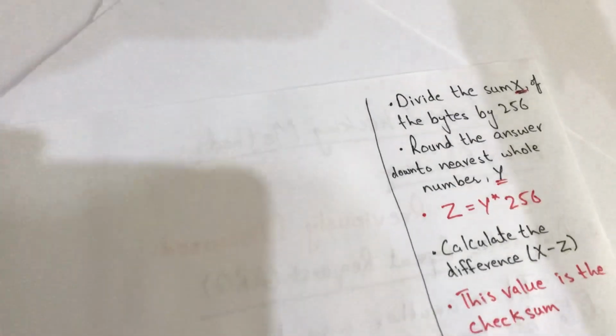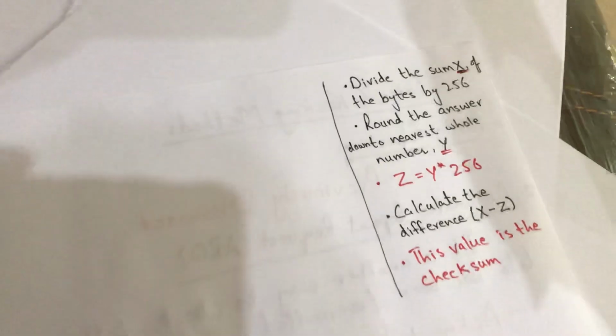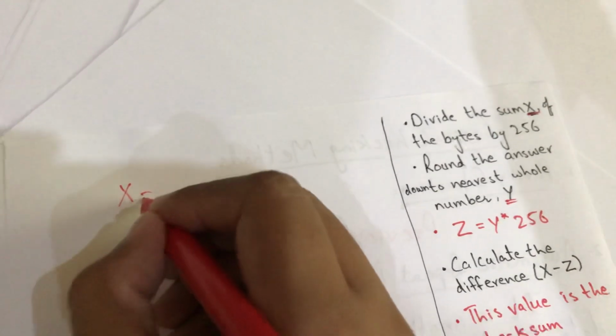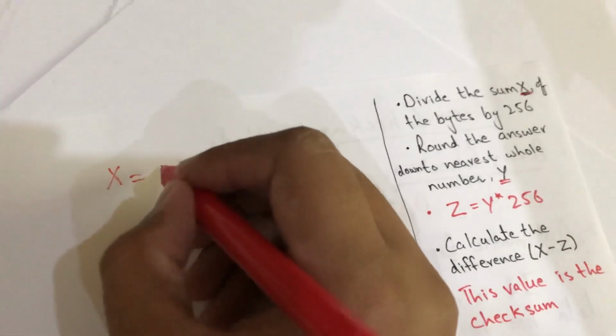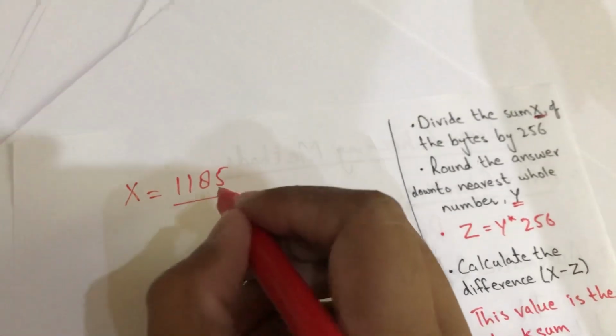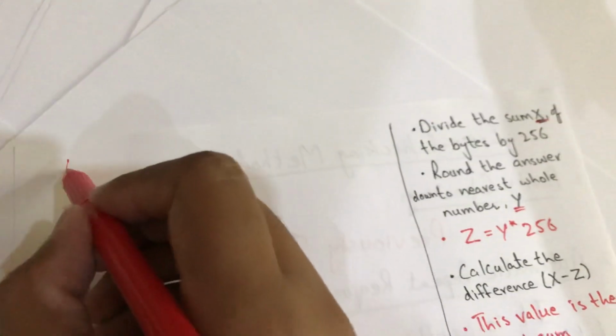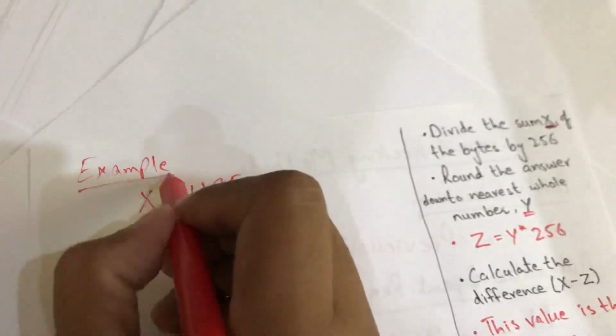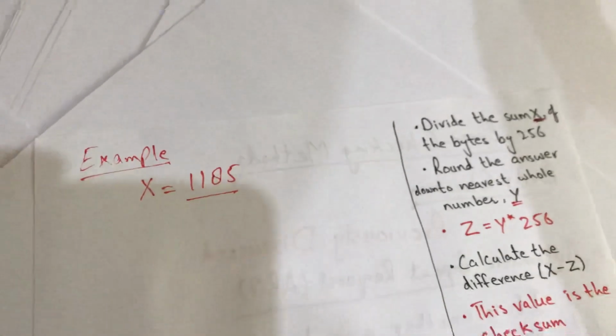So let's take an example, which is also mentioned in your book: x is equal to 1185. So what is the first step?